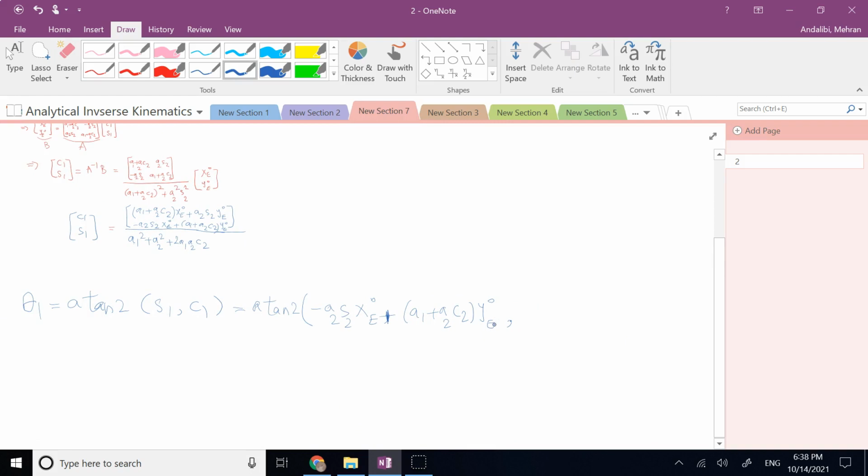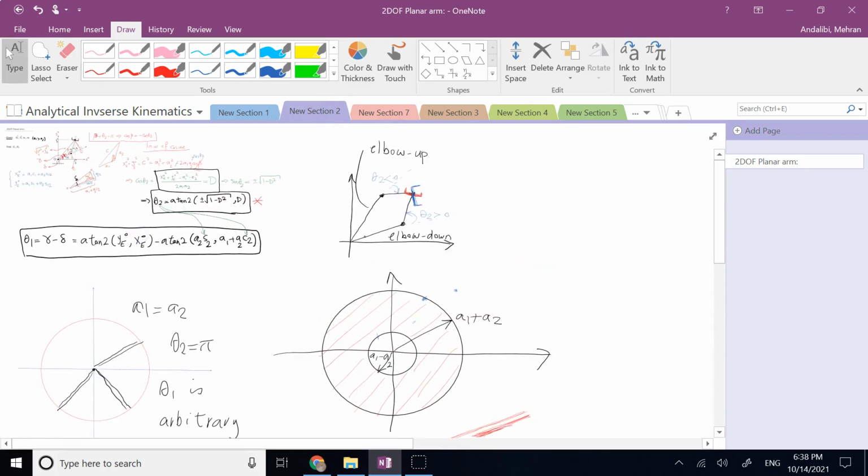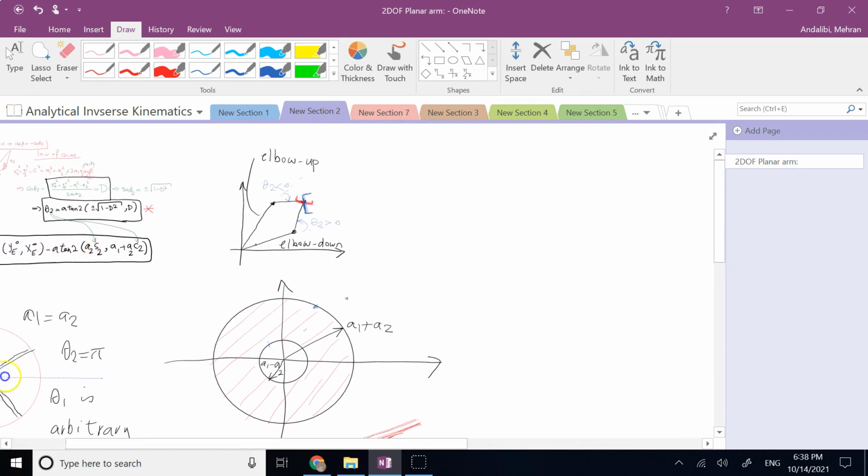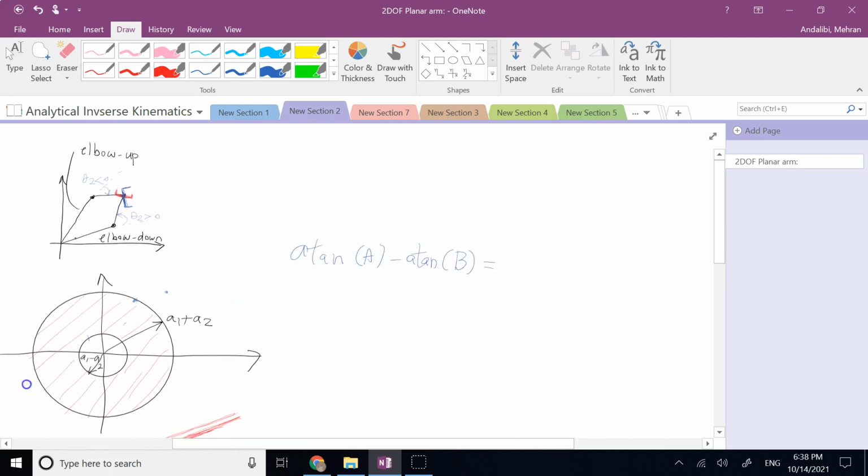Or if I just want to show you that this one gives you the same formula as what we got here, all you need to do is to use the arctangent A minus arctangent B, and from trigonometry, if you remember, arctangent A minus arctangent B in general is what?